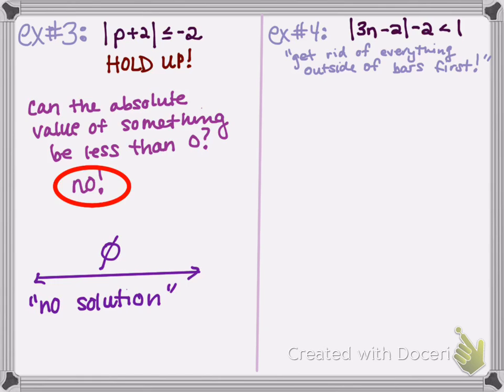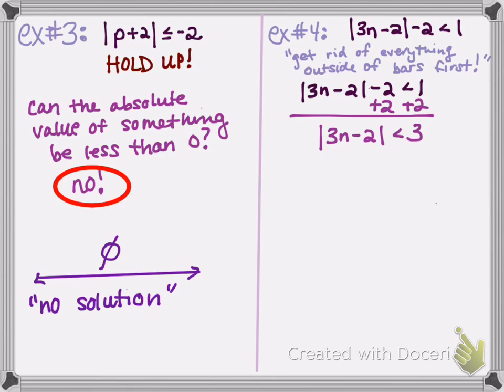So that -2, we have to undo that by adding 2 to both sides. So let's go ahead and do that, because we have to get the absolute value bars by themselves before we can split up into two inequalities. Once we add 2 to both sides, we have our new absolute value inequality, which now we can split up into our two inequalities. Again, don't forget, flip the sign, make it negative on that right side. Go ahead and solve both.